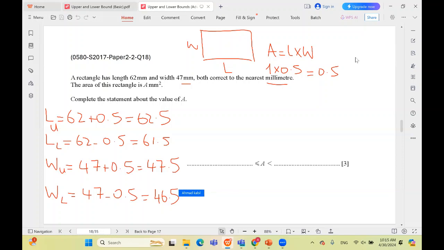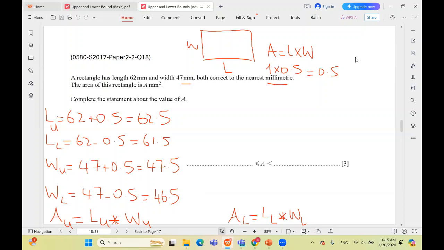We want the upper and lower bounds for the area. So of course, area upper equals L upper times W upper. And area lower will be L lower times W lower. We now just need to plug the values that we already got.